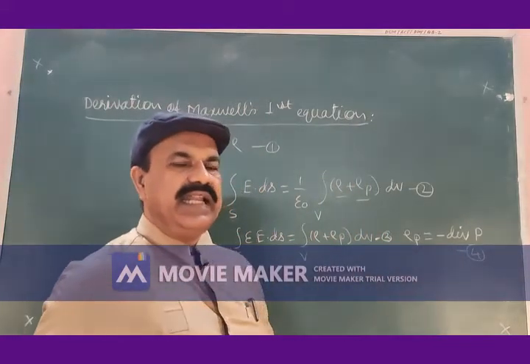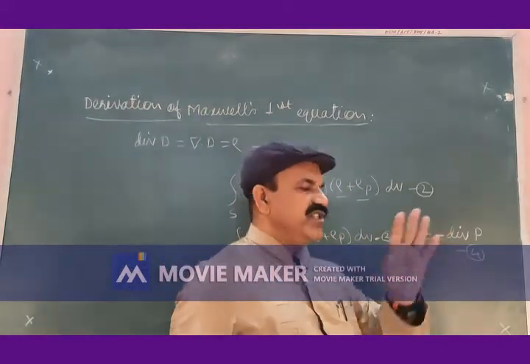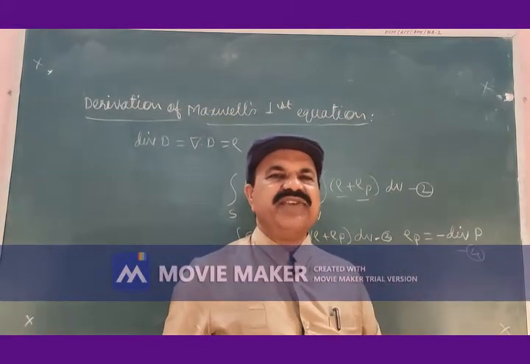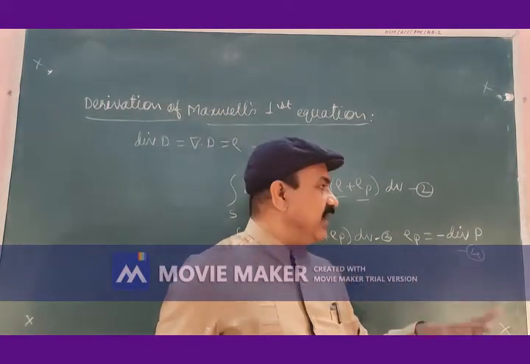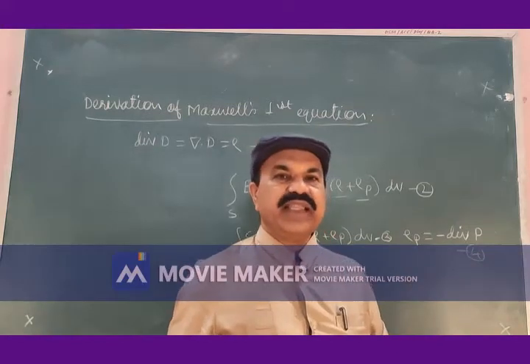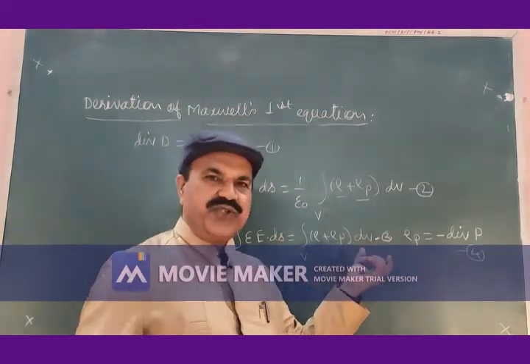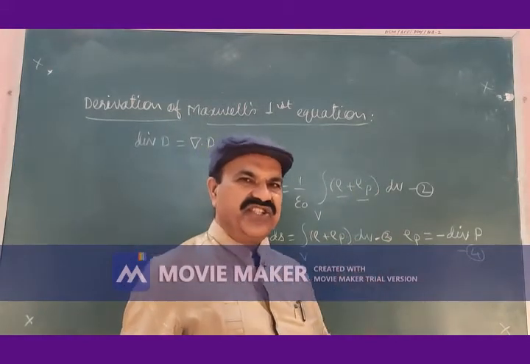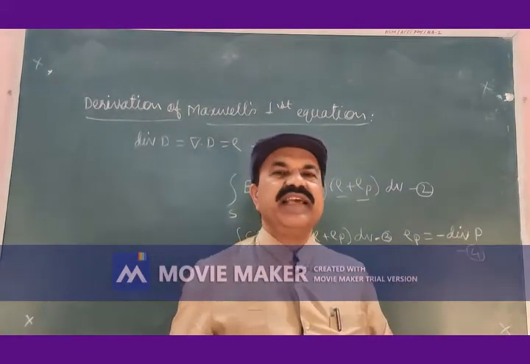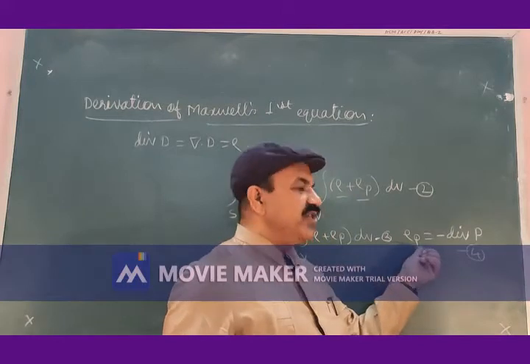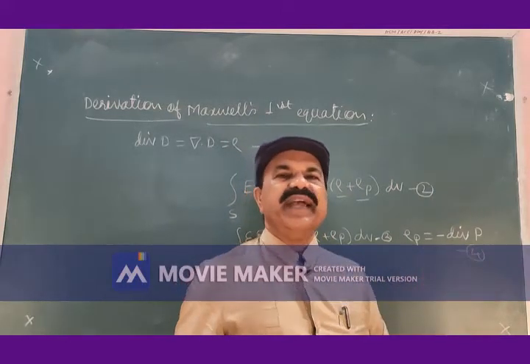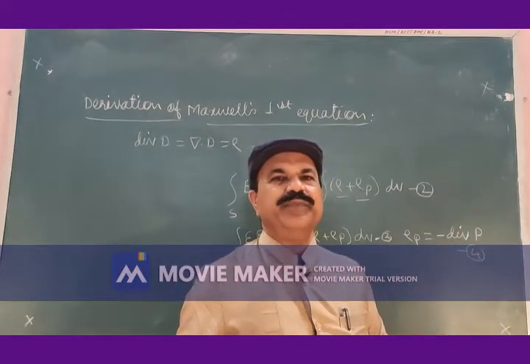Divergence means charges going away from each other. I have shown what is happening in the polarization. P is taken as the polarization, and so rho p is taken as minus divergence of P.